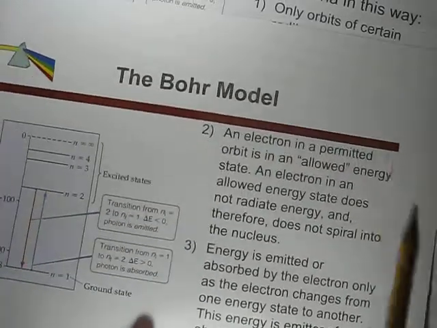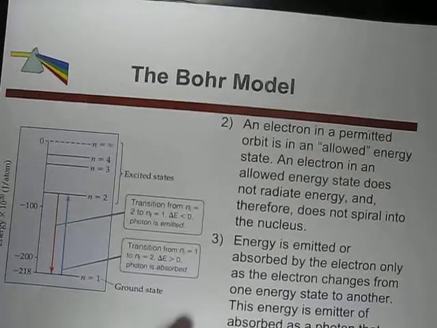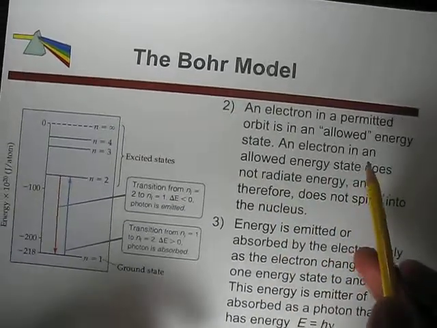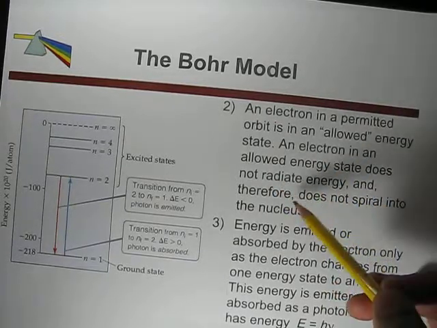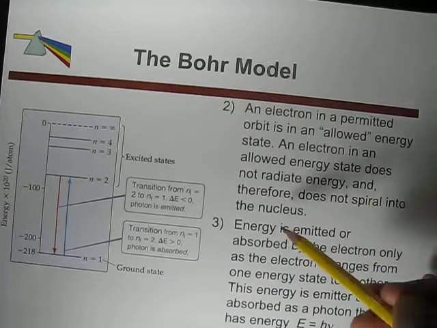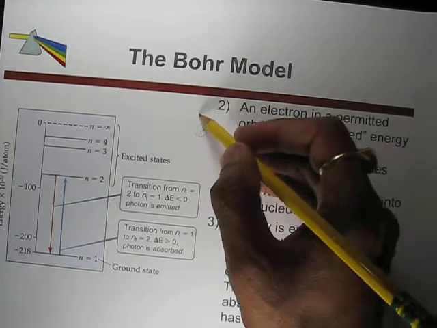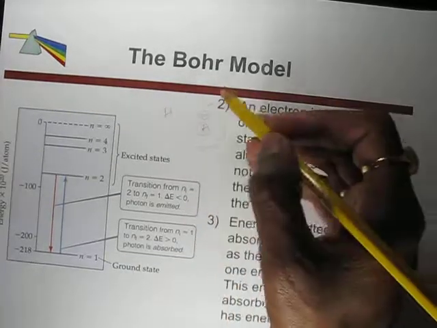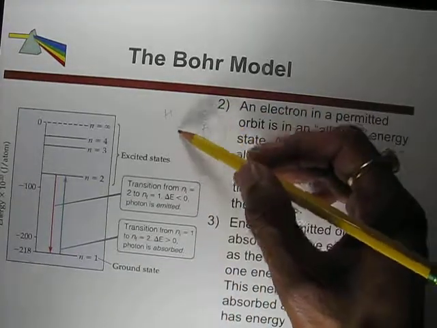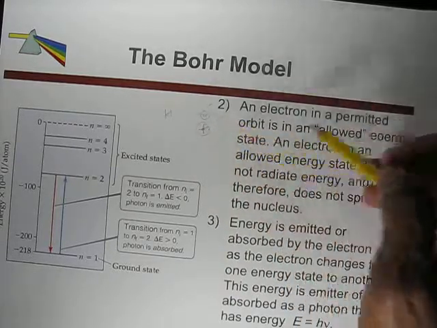postulate of Niels Bohr's theory. An electron in a permitted orbit is in an allowed energy state. An electron in an allowed energy state does not radiate energy and therefore does not spiral into the nucleus. So basically, the nucleus is positively charged, and the electron circulates in a certain orbit in the case of hydrogen, and when it moves around the nucleus, it does not lose energy.